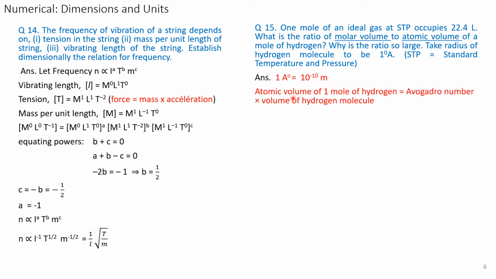Therefore, the atomic volume of 1 mole of hydrogen is equal to Avogadro number into the volume of a hydrogen molecule. We have to remember this relationship.